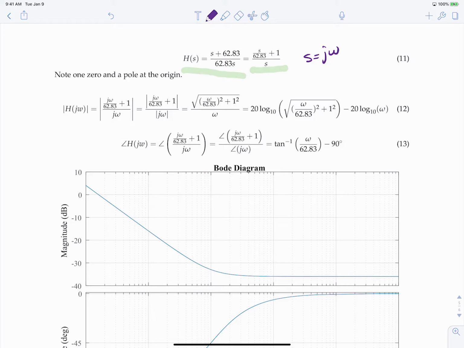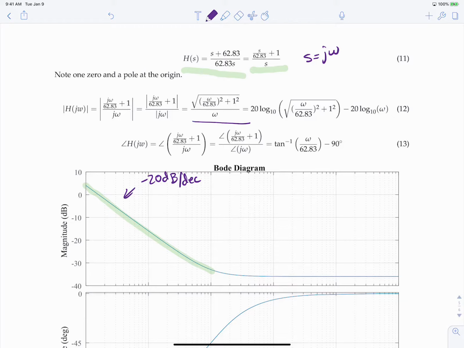All right, if we go ahead and do that for the gain, what we'll end up with is this. And what you're going to see is at really small omegas, this term up top essentially is 1, and the number on the bottom will be omega. So 1 over omega, if you recall, that was what the gain was for 1 over s. So that was this one right here, dropping off at minus 20 dB per decade.